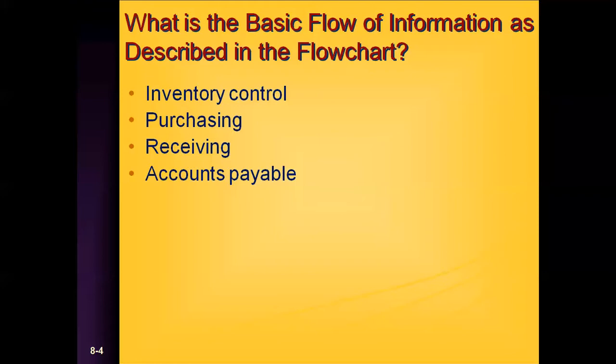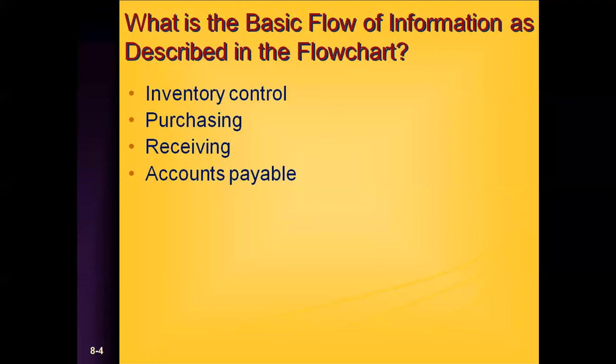They compare the purchase order, and the purchase order is the document typically a company gives to a vendor or to a company that they're ordering stuff from. They then compare that to the receiving report to make sure that the stuff they actually got or received was the same as what they ordered.